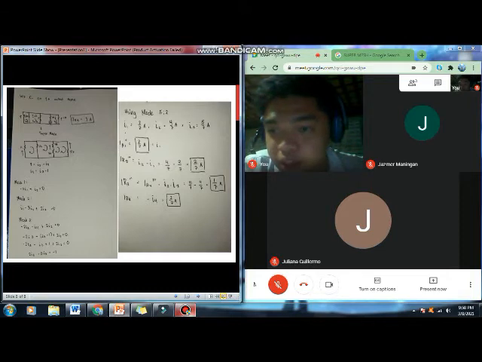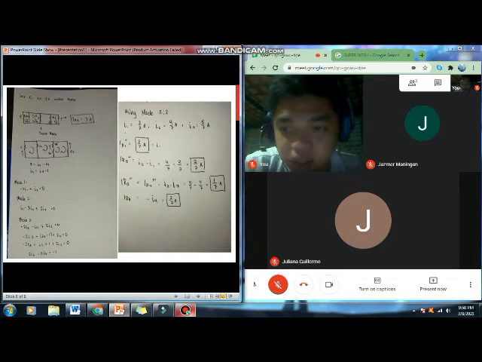And our mesh 3, medyo mahaba-haba ang ating dito. Negative 2I3 minus I sub 4 plus 2I sub 2 is equal to 0. Then, when we simplify that, makukuha natin ang equation ng mesh 3 equals to 2I sub 2 minus 3I sub 3 is equals to negative 1.